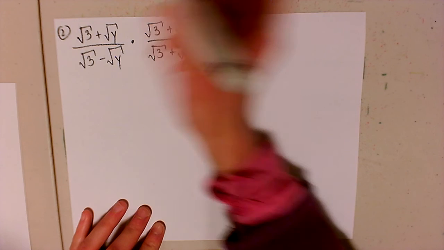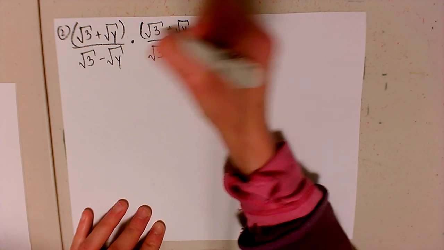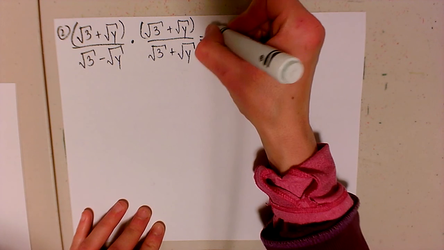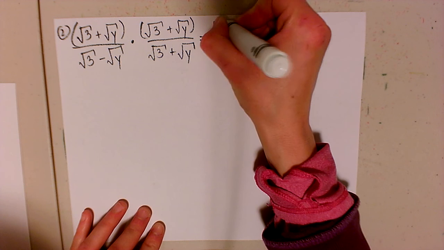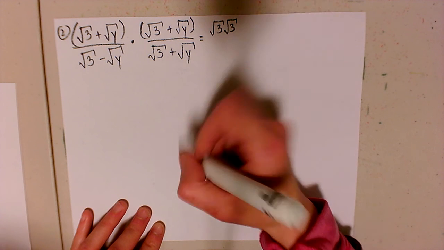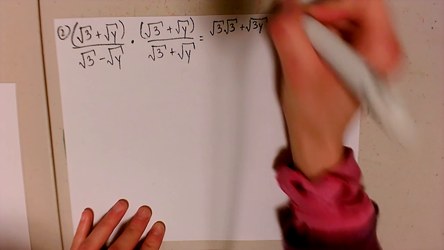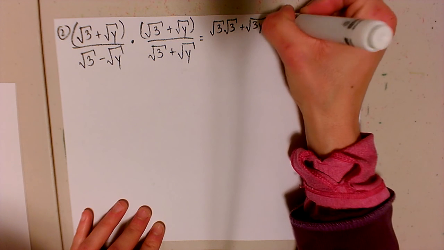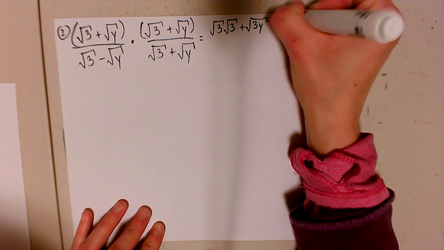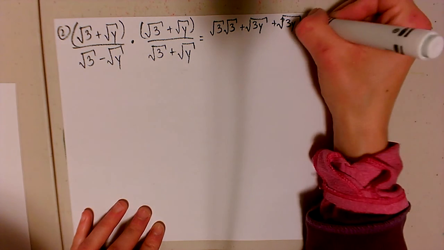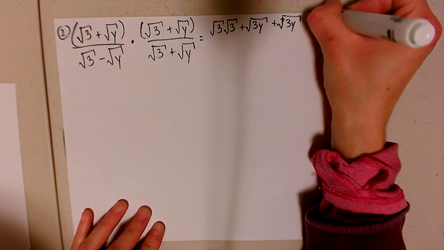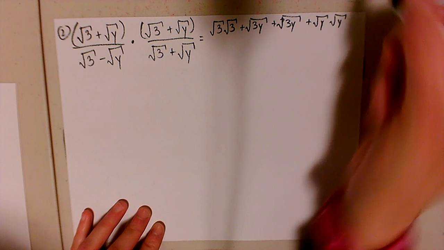So up top, we're going to have to FOIL, so you can picture that happening. My firsts, I'll have root 3 times root 3, my outers plus root 3y, my inners is plus root 3y, and then my last is plus root y times root y.